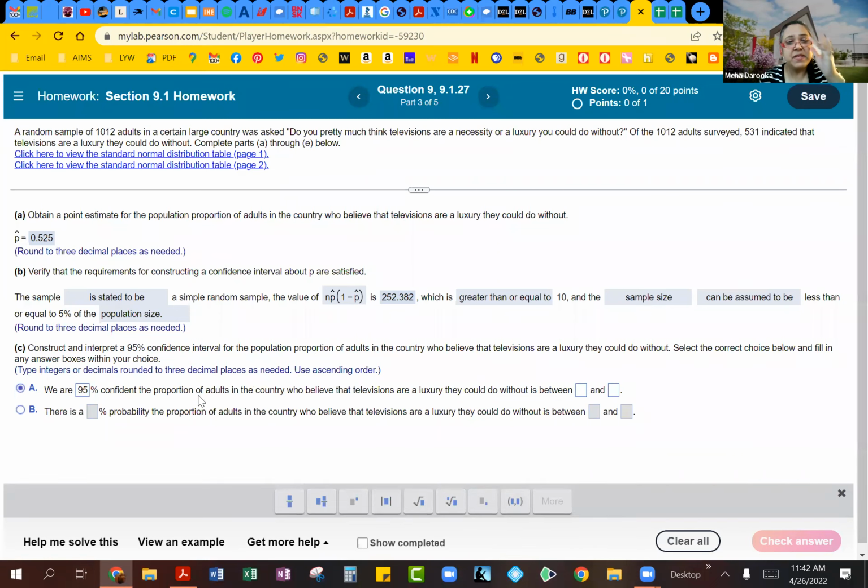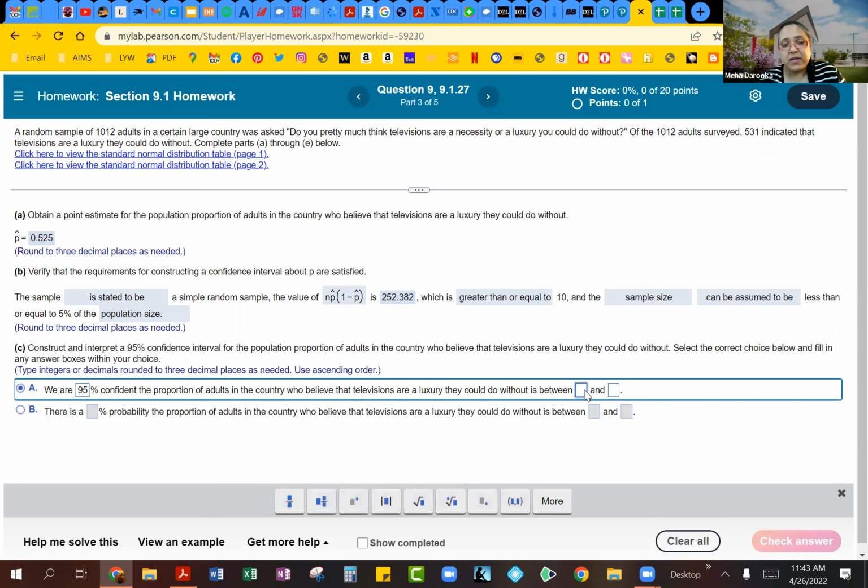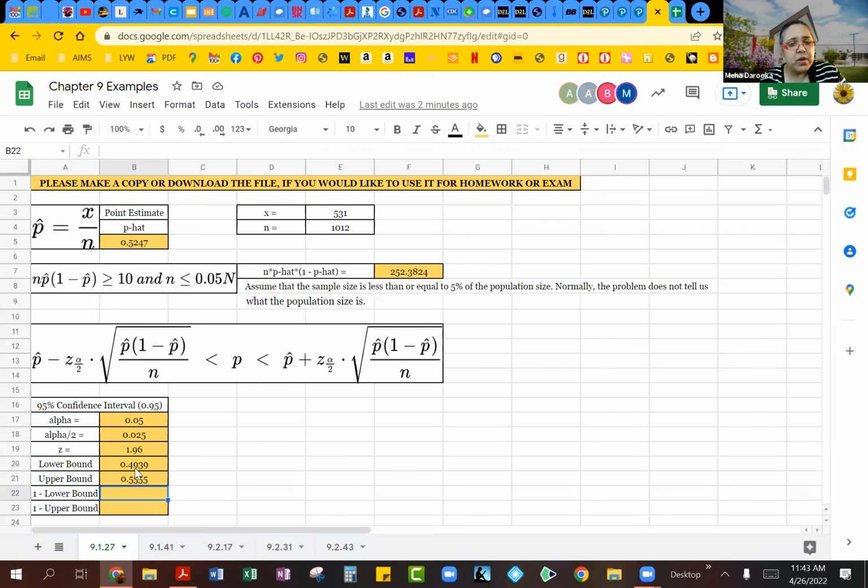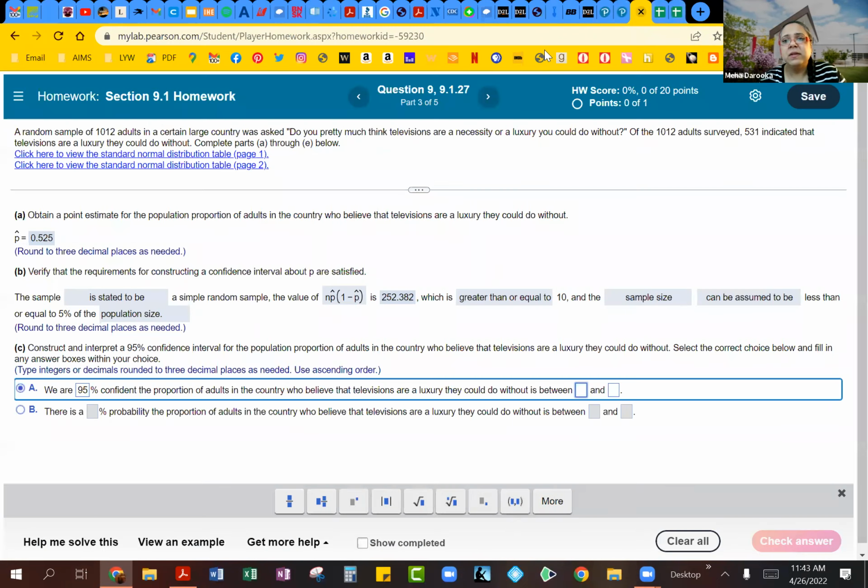So we are 95% confident the proportion of adults in the country who believe that televisions are a luxury they can do without is going to be between, and let's see, they again wanted us to round this to 3 decimal places. So we had 0.4939. So again, that 9 will make the 3 go up. So 0.494.